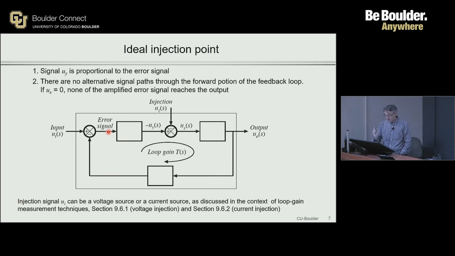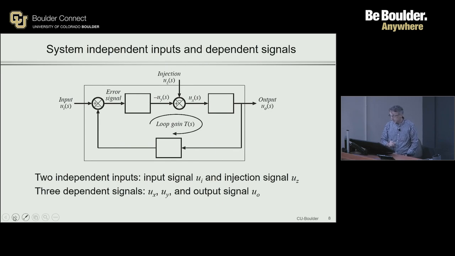Okay. So let's see what the result of that feedback theorem is going to be. Before we do that, let's point to the fact that this is the system that has two independent inputs. Those two independent inputs being the input signal that we refer to as ui and the injection signal that we refer to as uz. Okay, so those are two independent inputs.